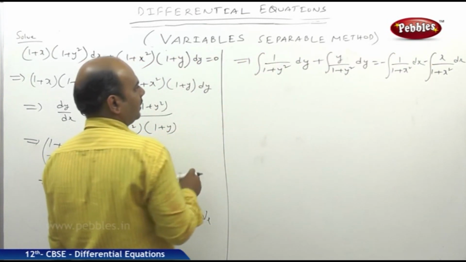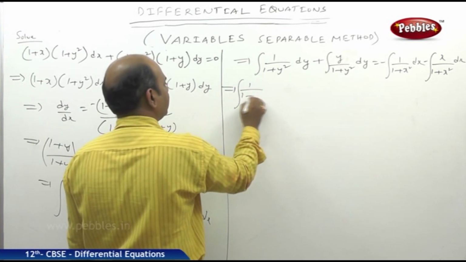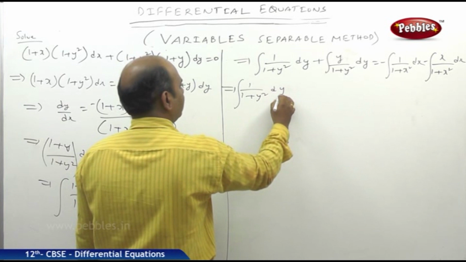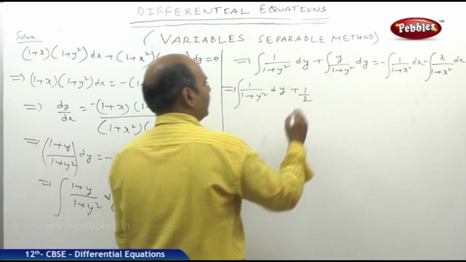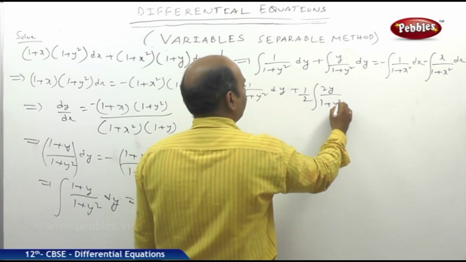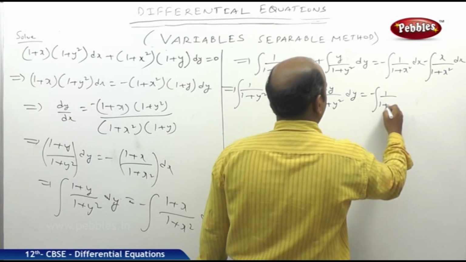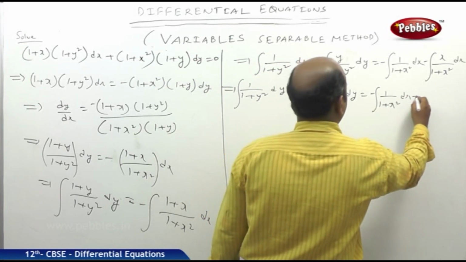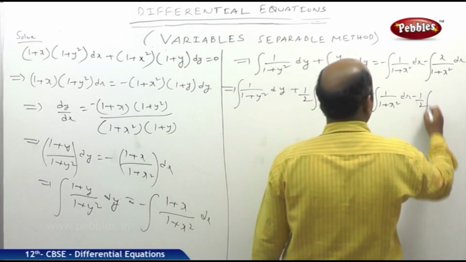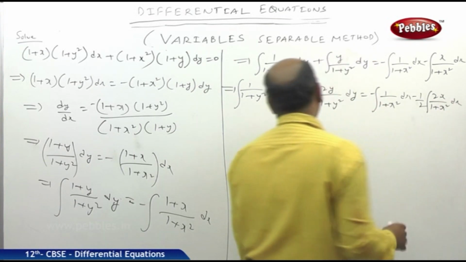Another step I will write for convenience: this particular integral I will leave like this, and here I will multiply and divide by 2, so 1 by 2 into 2y by (1 plus y square) dy. This also I will leave like this, and here also I will multiply and divide by 2, so 2x by (1 plus x square) dx.